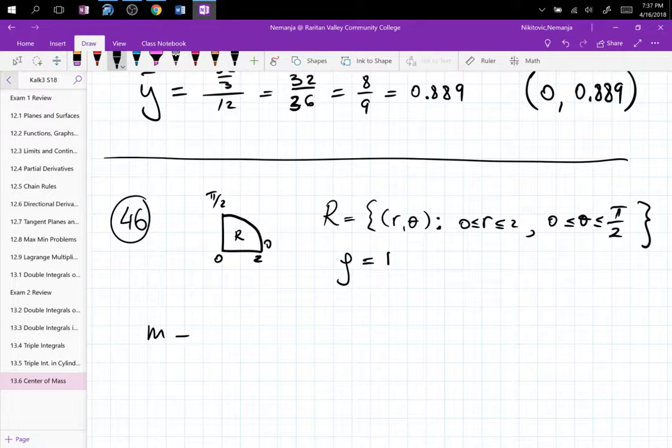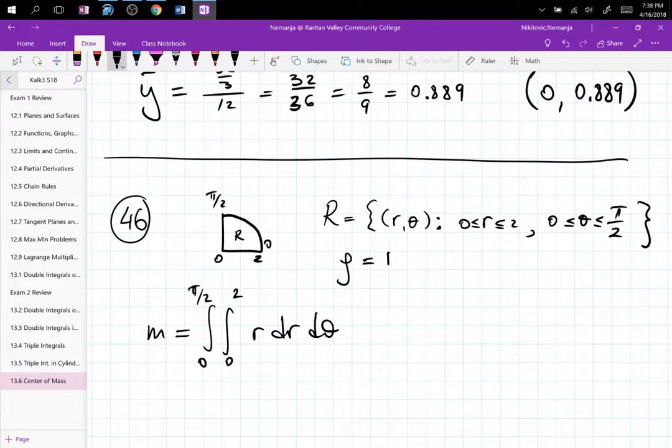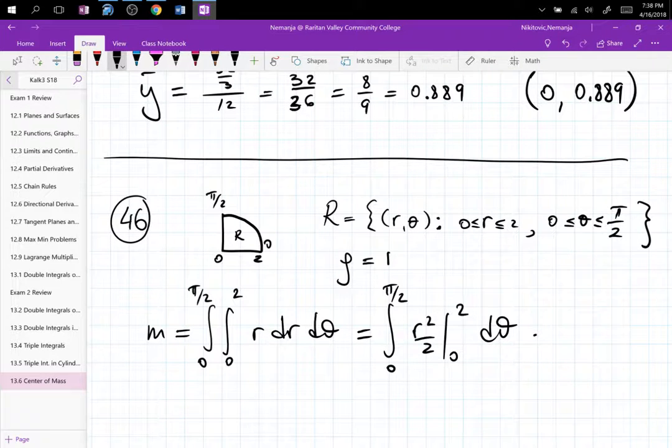So now our mass integral is the integral of 1 times r dr d theta, 0 to pi over 2, 0 to 2. That's that. Integrate r, you get r squared over 2 from 0 to 2 d theta, and then integral 0 to pi over 2.